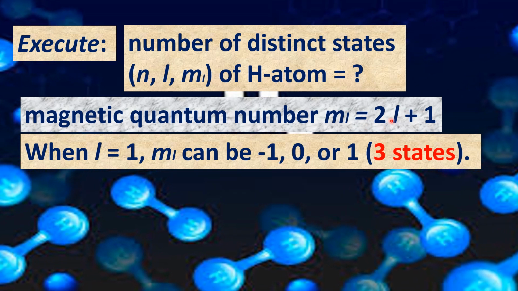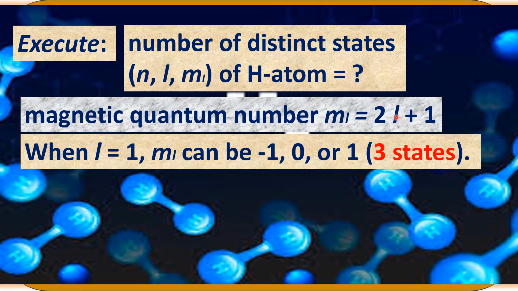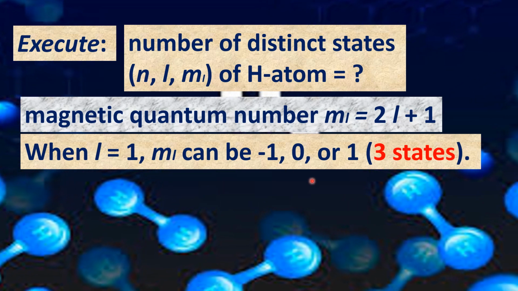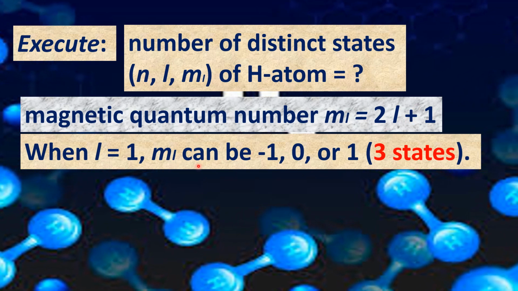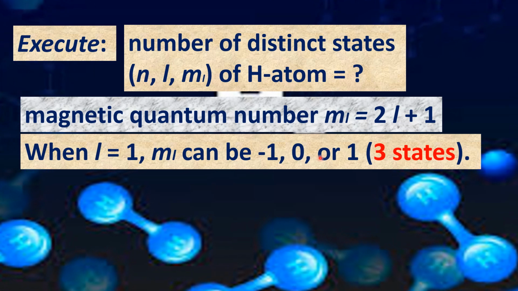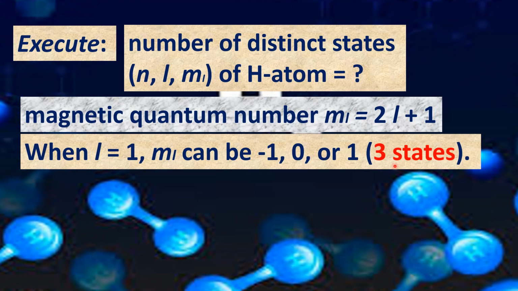So the number of electron orbitals would be 3. That means m sub l can be negative 1, 0, or 1, for a total of 3 states.